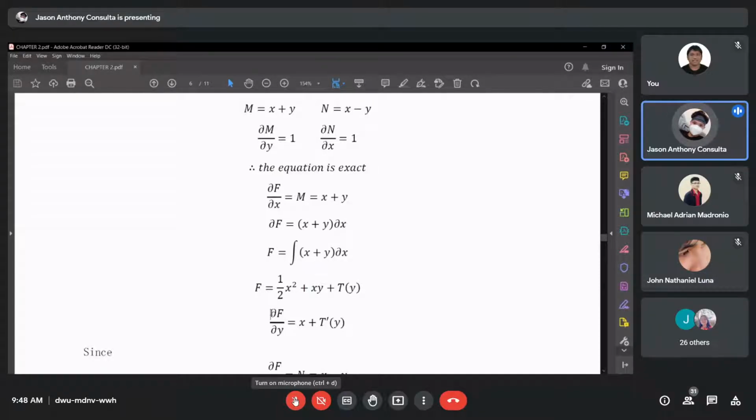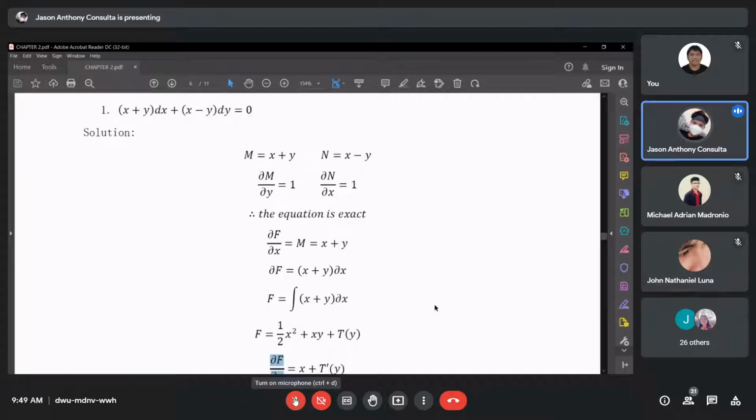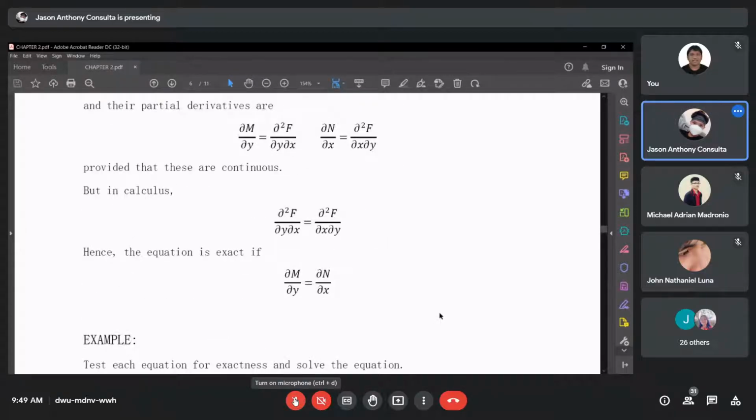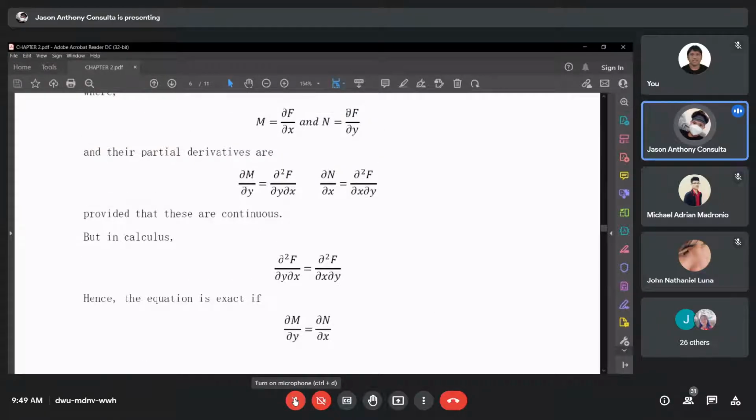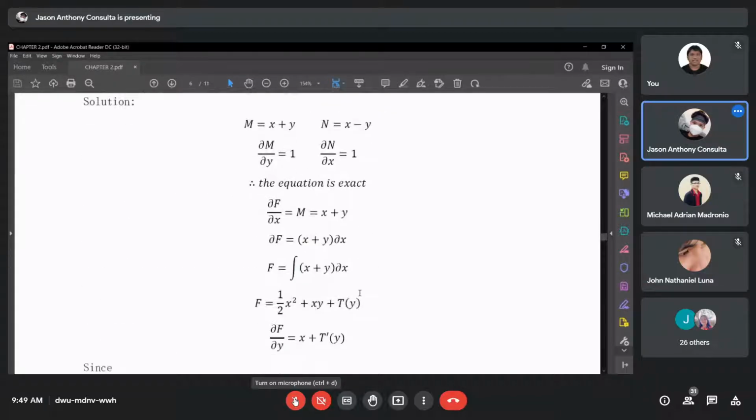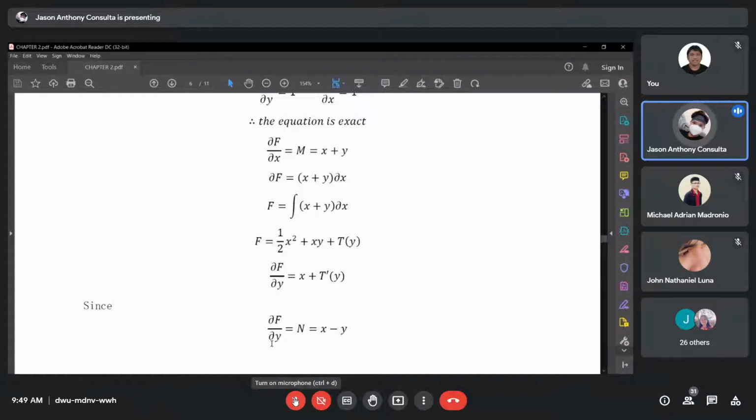So, ano yung mapapansin ninyo dito sa the partial differential of f with respect to y? From the formula above, yung sabi kong tandaan, the partial differential of f with respect to y is just equal to n. And we have a value for n. Okay, so partial differential of f with respect to y is equal to n. Ito yung partial differential of f with respect to y na computed from this f.